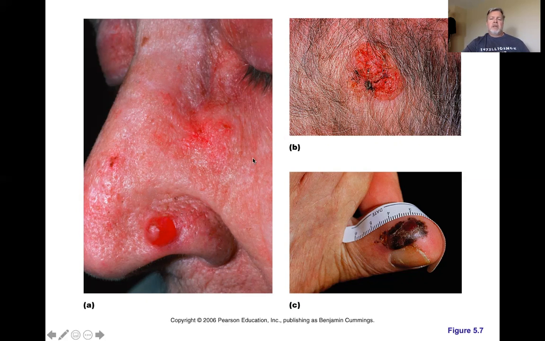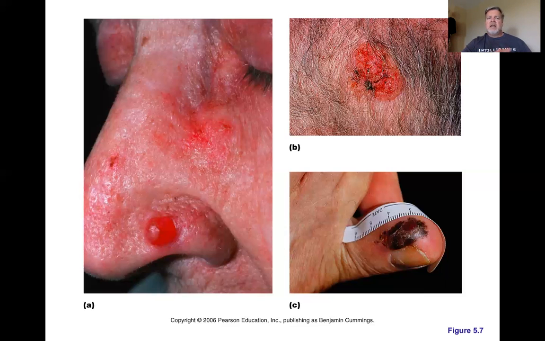Okay, B. Here's B up here. This is a squamous cell carcinoma. So remember that most of our cells are those keratinocytes, and they're squamous cells. So this is arising in the keratinocytes, specifically of the stratum spinosum. If you remember your layers coming up, you have basale on the bottom, spinosum is second, then granulosum, and then corneum.